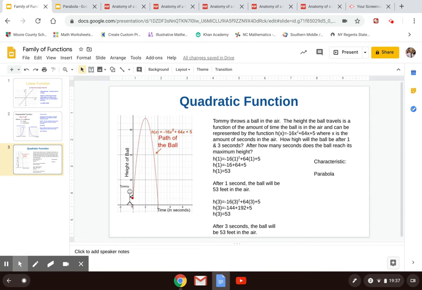It made a parabola, which is the graph of a quadratic function. We use that parabola to tell different things about how the ball traveled in the air, and we were able to use that function to predict where the ball would be at different time intervals. So that was the use of the quadratic function.